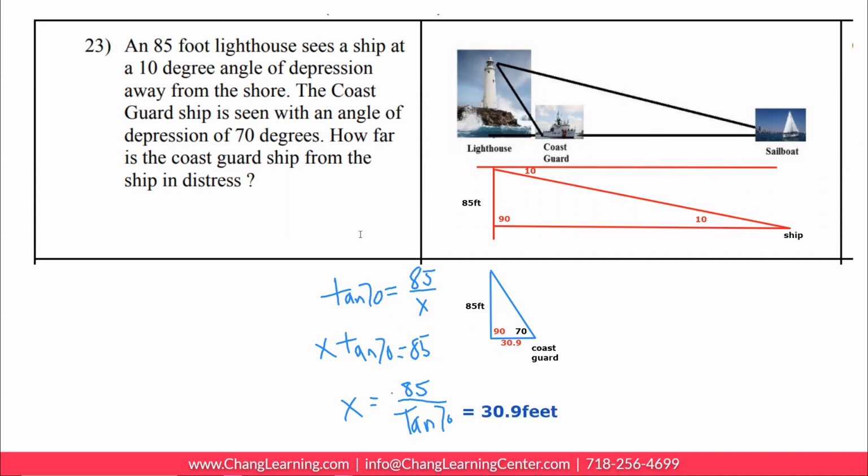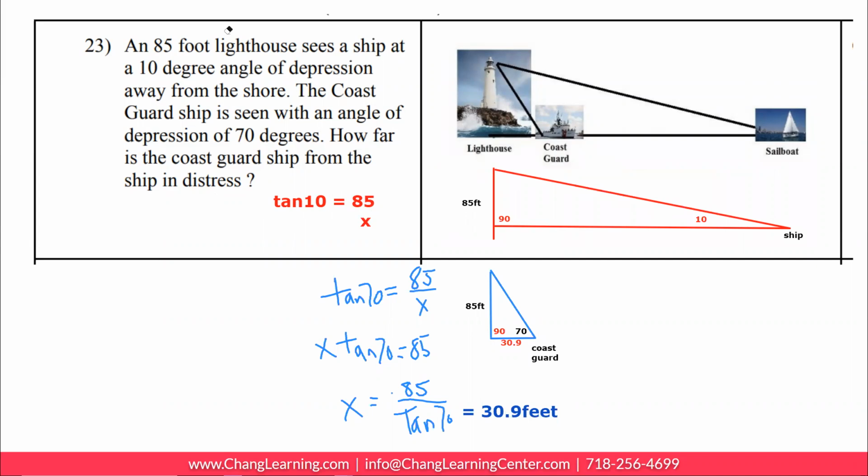The next thing we'll do is the same tangent function for the distance to the sailboat further out at sea. So now we have the tangent of 10 degrees equals 85 over x. That's for the red triangle down below. And I'll erase the parallel that was used for the depression idea here.